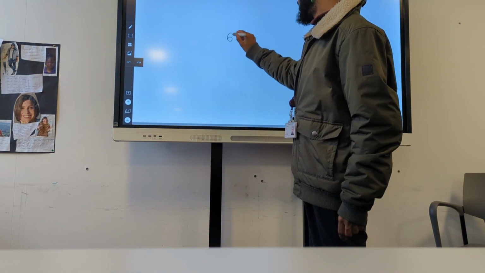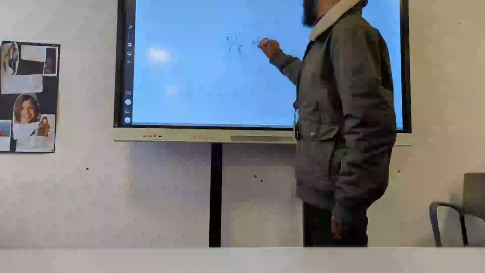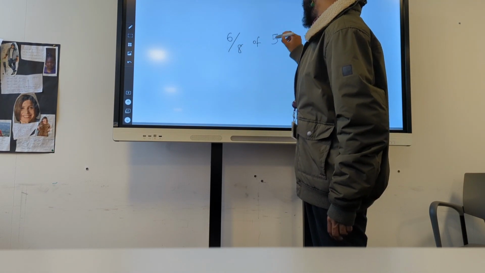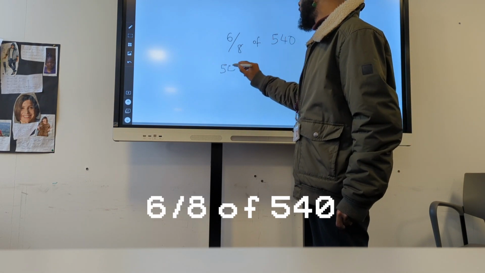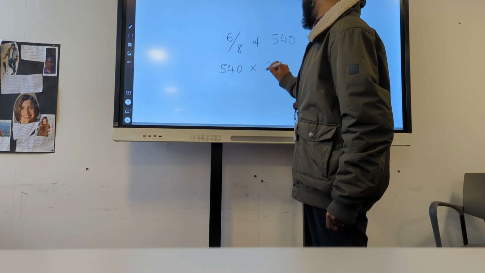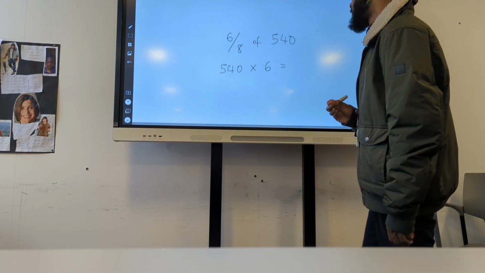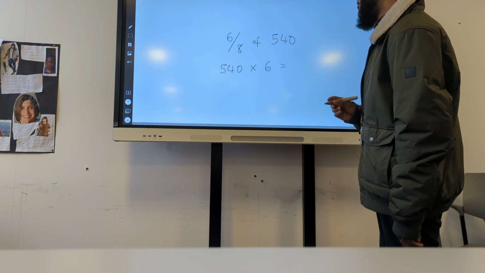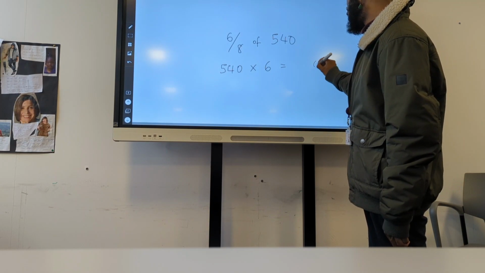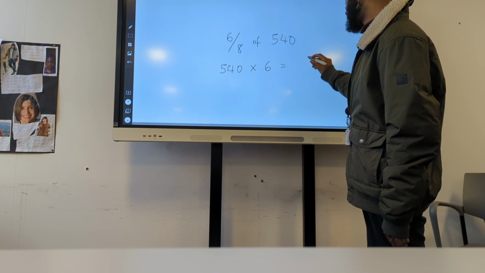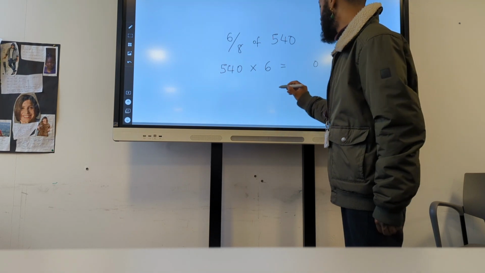Brilliant. Now 6/8 of 540. 540 times 6 is, let's see, 0, 6, 24. Do you know what?